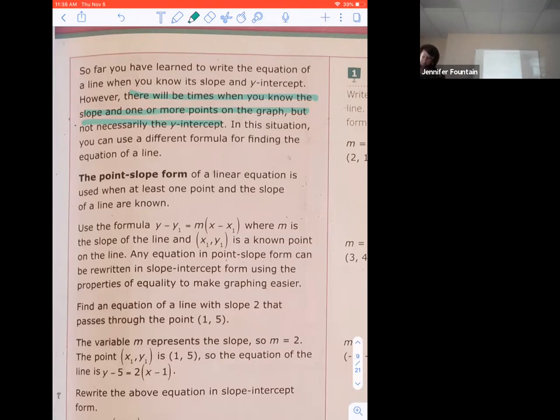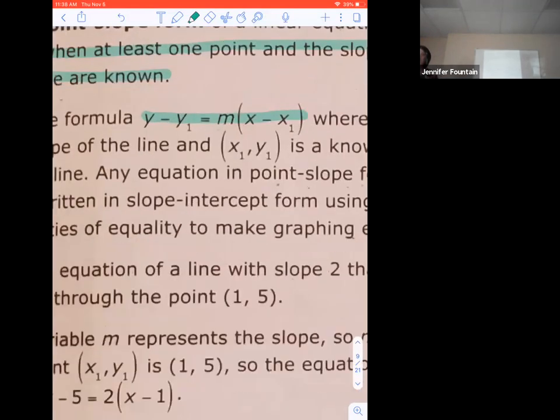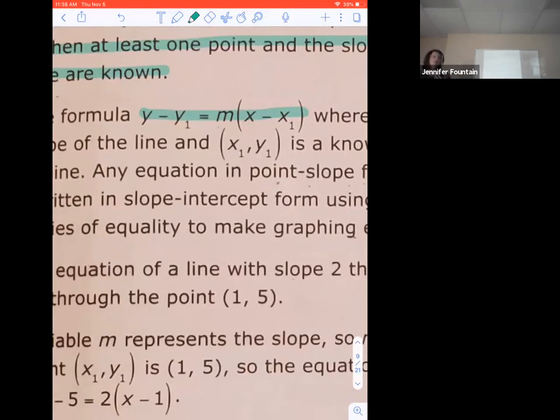So the point-slope form of a linear equation is used when at least one point and the slope of the line are known. The formula is y minus y1 equals m times x minus x1. Now you may notice a lot of times we're using x1, y1, x2, y2.